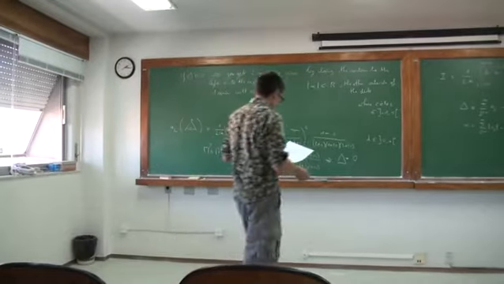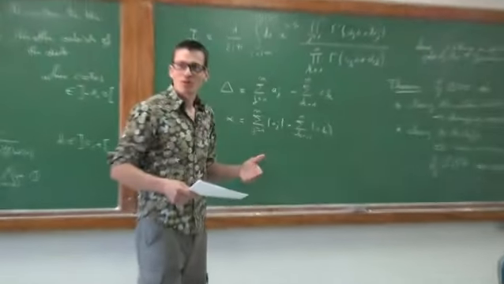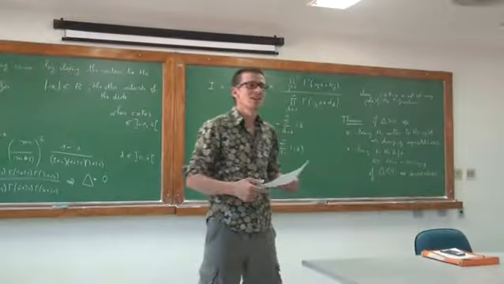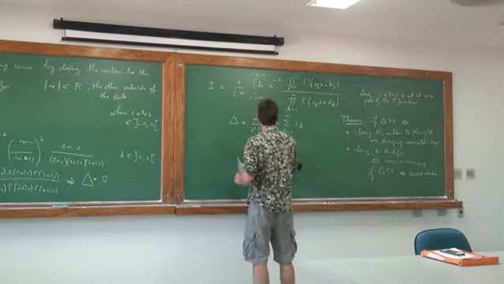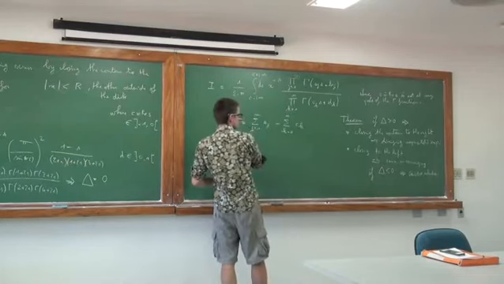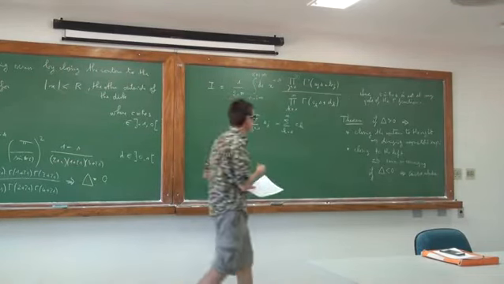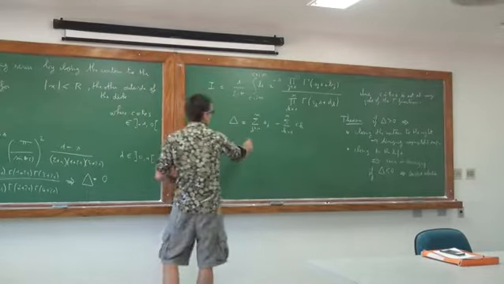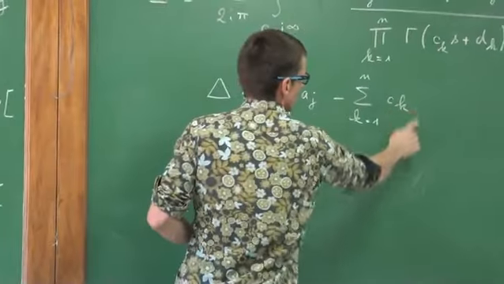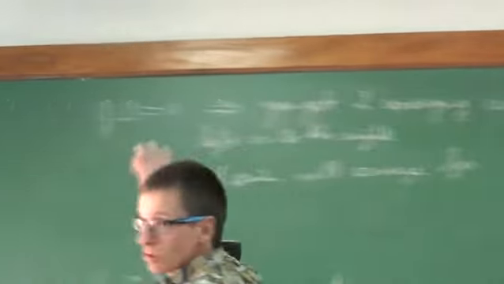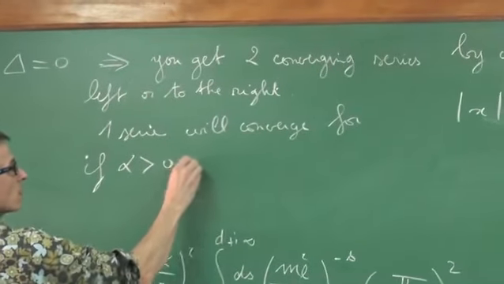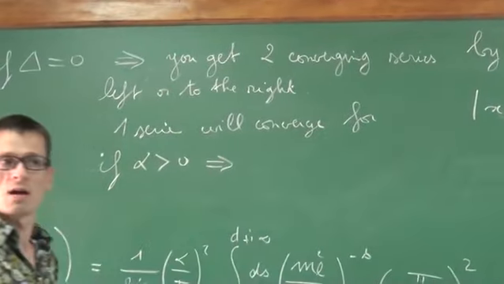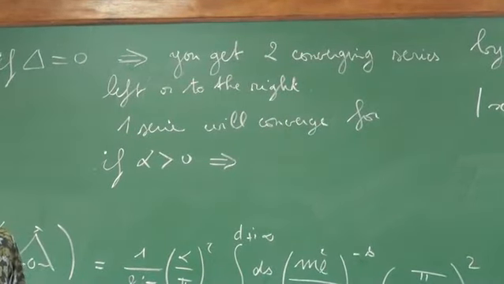And we did it, in fact, remember, to the right only. And we obtain the following formula, just to recall to you. I forgot to say that alpha was the same but with the absolute values. If alpha is positive, then in the case where delta equals 0, the series are analytic continuation of one another.